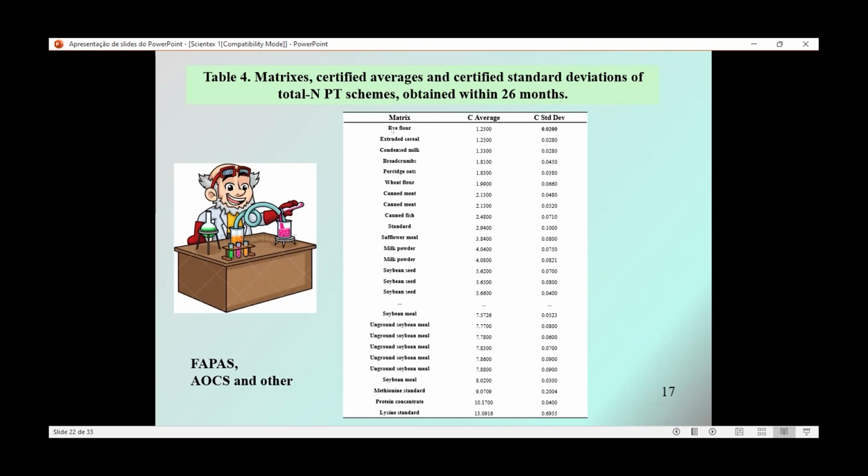You have here the matrices: rye flour, extruded cereal, canned milk, condensed milk, porridge oats, wheat flour, canned meat, safflower, milk powder, a lot of matrices. Here, the certified average and the certified standard deviation.